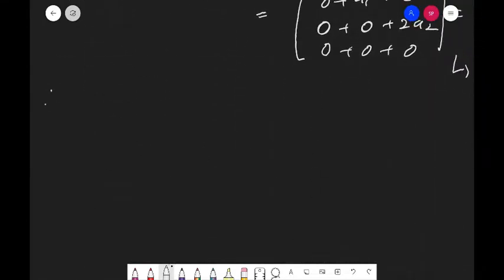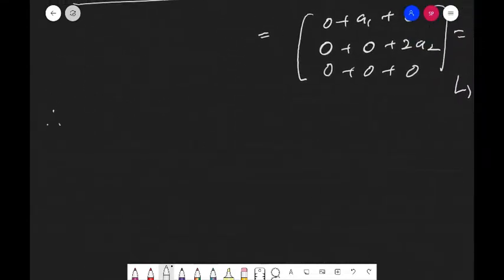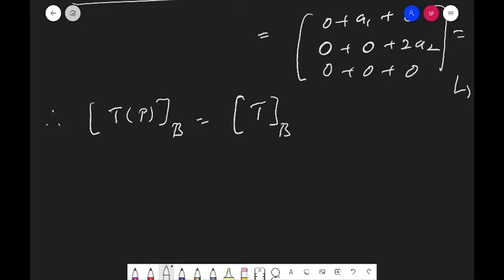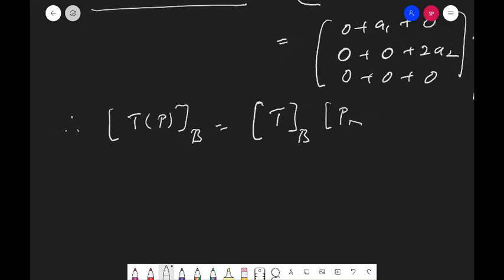Therefore, the coordinate vector of T of P with respect to basis B, that is the matrix of T relative to B times the coordinate vector of P, is equal to a1, 2 a2, 0. Therefore, it is verified.